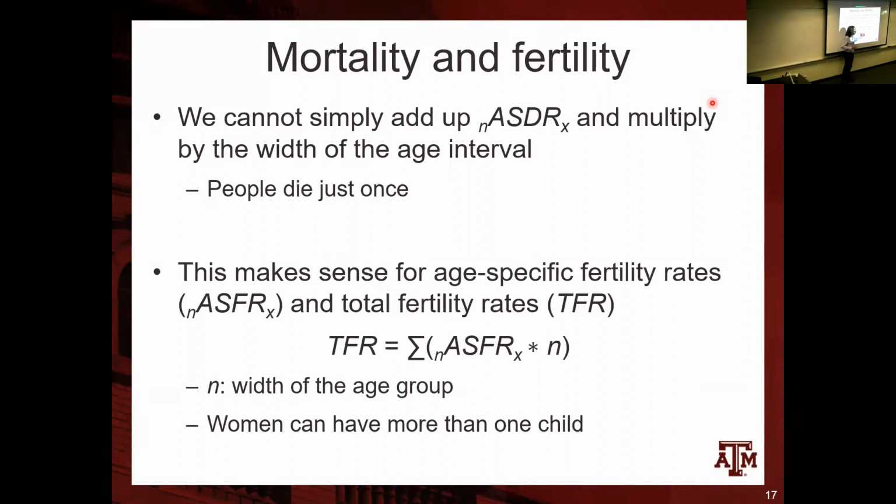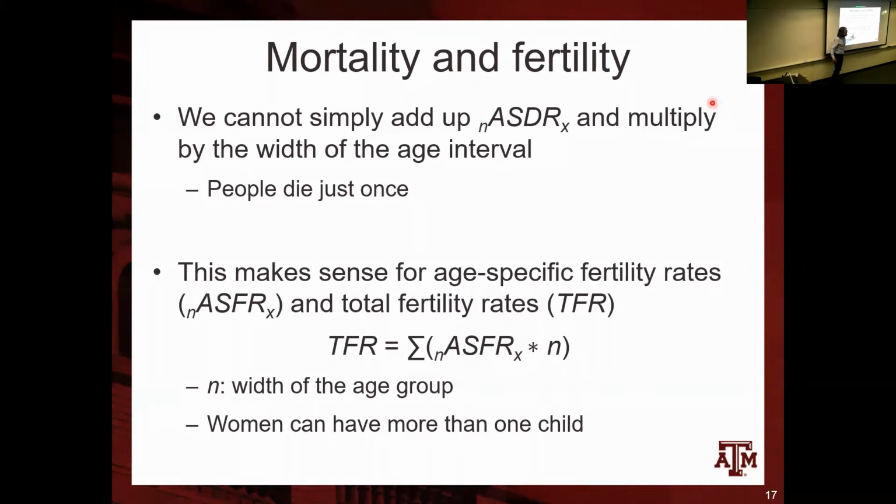We estimated the age-specific fertility rate for women between 15 and 49 years of age, broken down by 5-year age groups, 7 5-year age groups. And since they are all 5-year age groups, the width of those age groups was equal to 5, we can just add all the age-specific fertility rates and multiply by 5. Then we get the total fertility rate.